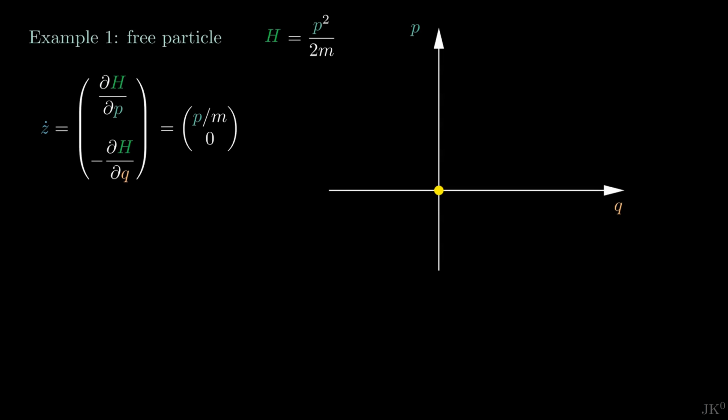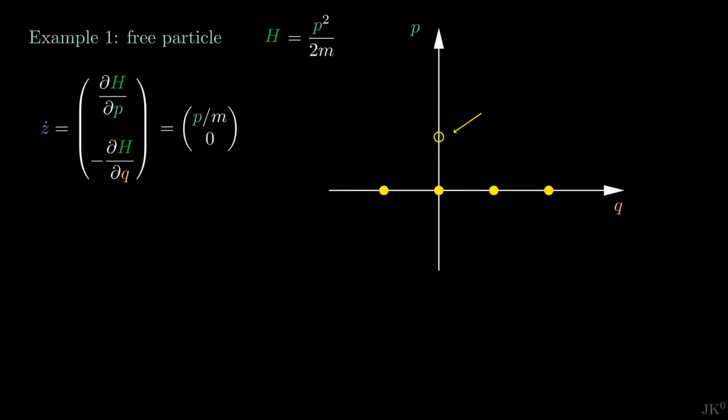Consider the origin of phase space. This represents the system at the origin of the spatial coordinate q having zero momentum. Since p equals 0, z dot is 0 and the system does not evolve. It just stays there. Note that it doesn't matter where the object is. If p equals 0, it just remains there, as expected by Newton's first law.